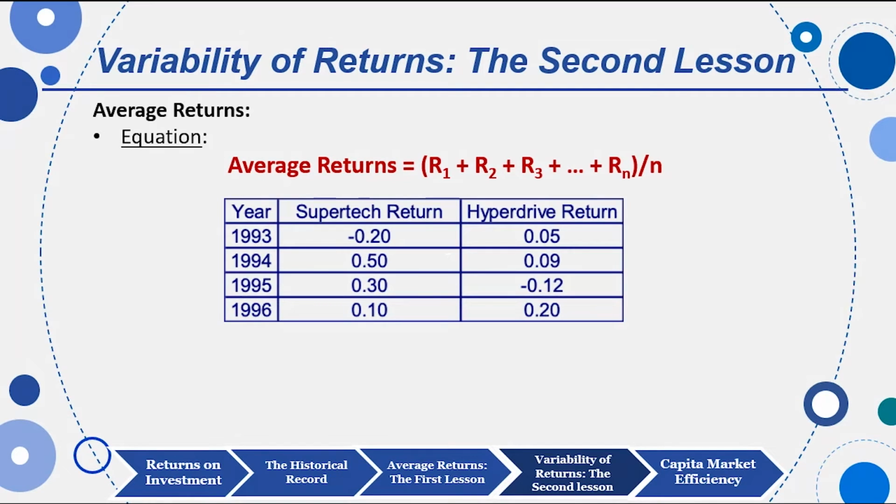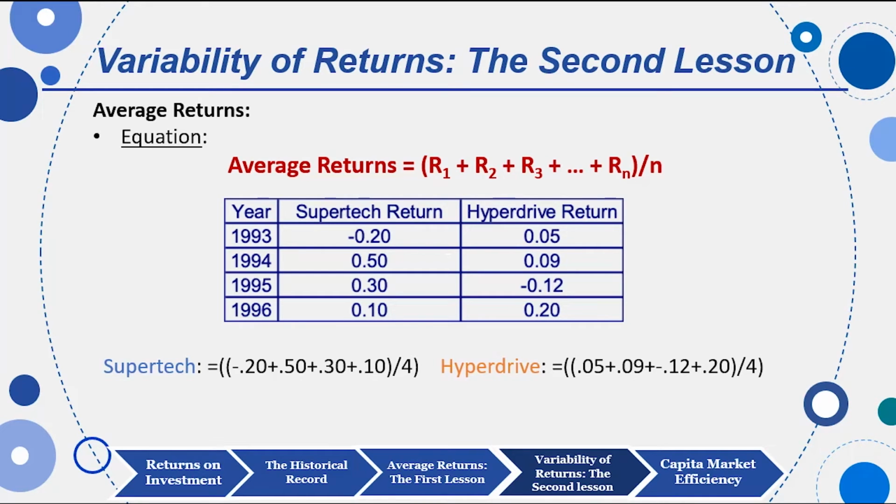So the first thing I do is calculate the average. So I sum up the results, minus 0.2, plus 0.5, plus 0.3, plus 0.1, and divide by 4 observations. For SuperTech, for hyperdrive, I do the same thing. Sum up the hyperdrive returns and divide by 4 again.